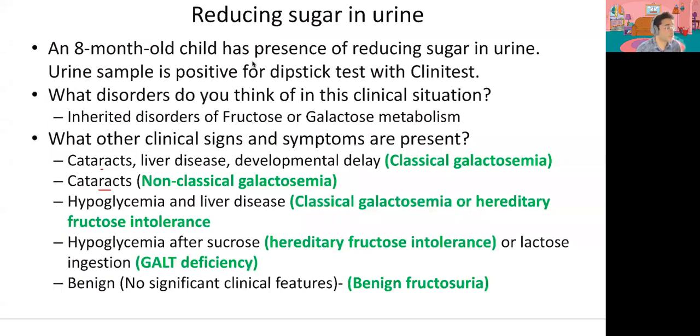You have to pay close attention to the lab values: classic galactosemia versus hereditary fructose intolerance. You will see hereditary fructose intolerance in a kid given candy or fruits introduced into the diet later on, versus lactose ingestion, which is going to be an immediate presentation, two to three weeks right off the bat. Boom, the baby has cataracts, which no baby should. And then you can also have benign fructosuria, which wouldn't present with anything crazy.